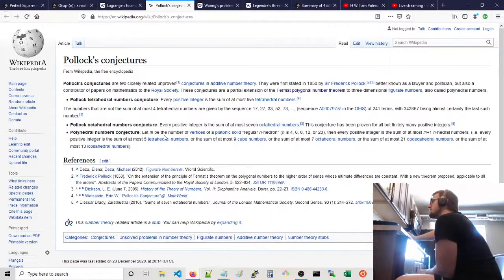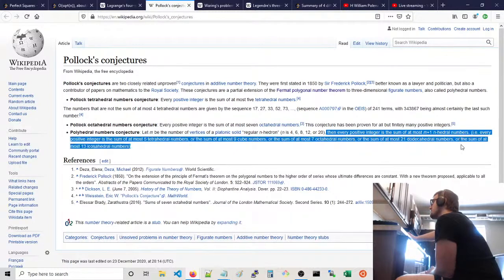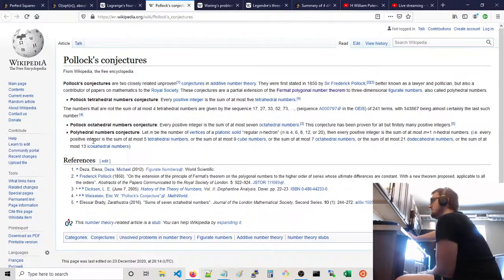Polyhedral numbers conjecture: let m be the number of vertices of a platonic solid regular n-hedron, n is 4, 6, 8, 12, or 20. Every positive integer is the sum of at most m plus 1 n-hedral numbers. Every positive integer is the sum of at most 5 tetrahedral numbers, the sum of at most 9 cube numbers, or the sum of at most 7 octahedral numbers, or the sum of at most 21 dodecahedral numbers, or the sum of at most 13 icosahedral numbers.